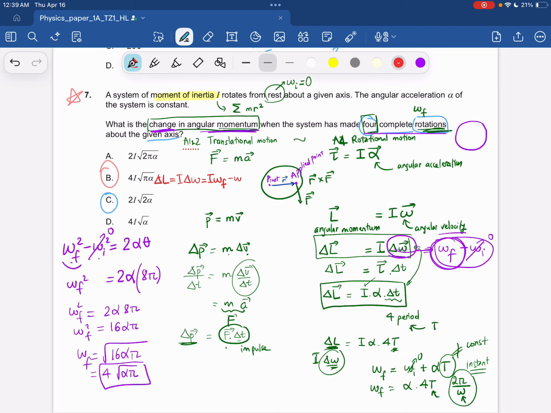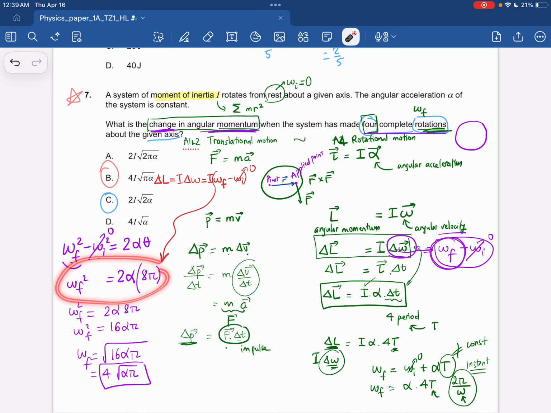Because initially this one is just 0. And in order to find the final, we use this equation, the equation that is independent of time. I really like this equation. It's always one of the most productive ones for me to apply in any case to do with rotational motion.